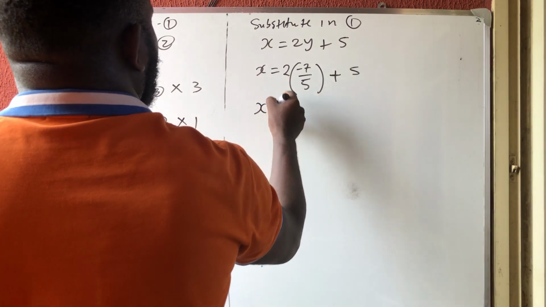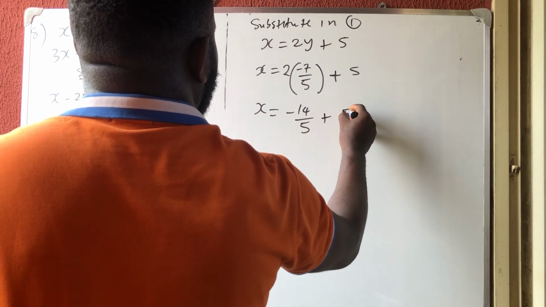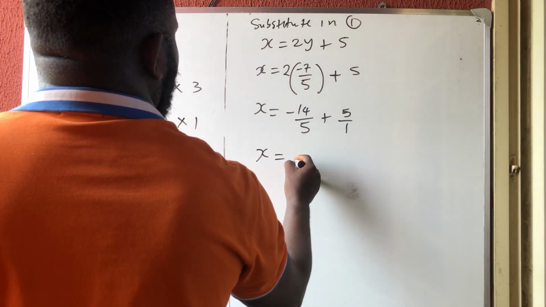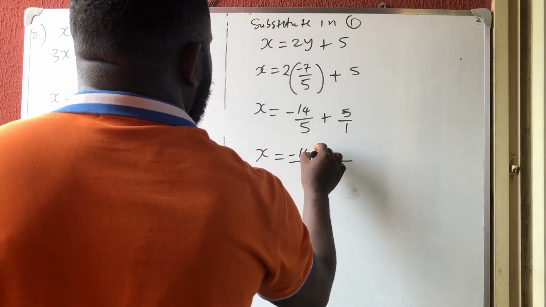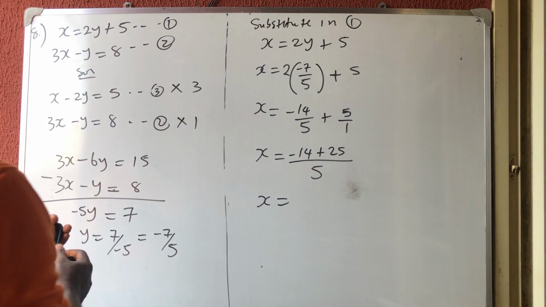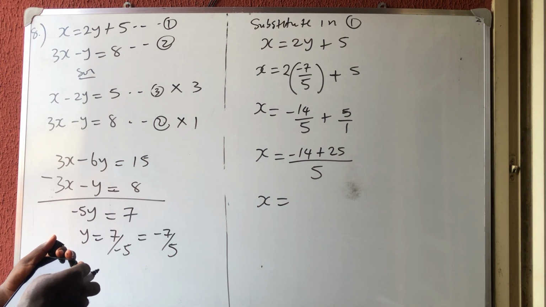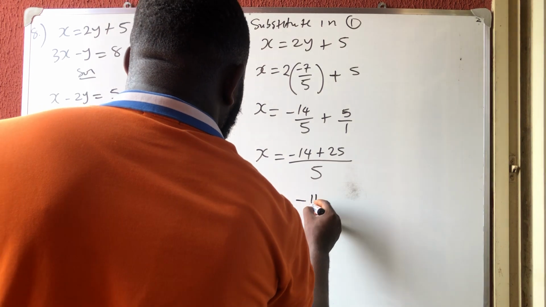So my x is equal to minus 14 over 5 plus 5 over 1. So my x is what? The LCM is 5, minus 14 plus 25. So my x is equal to what? Minus 14 plus 25, so minus 11 over 5.